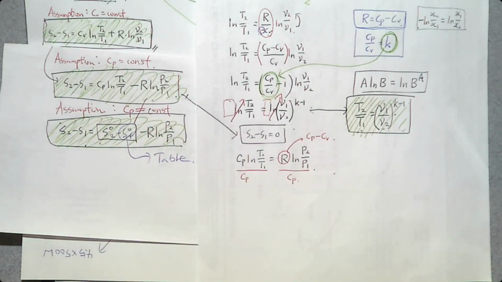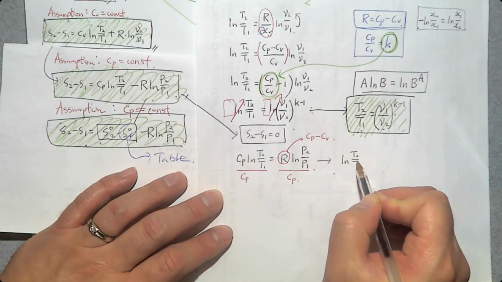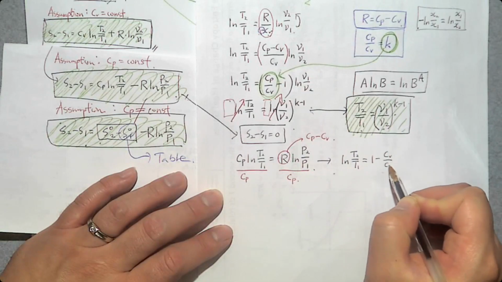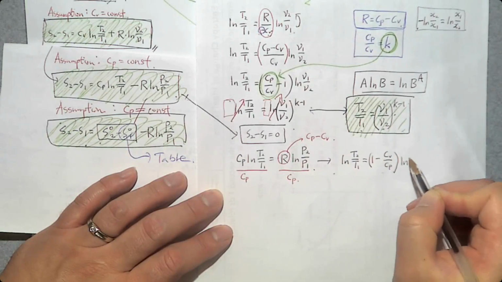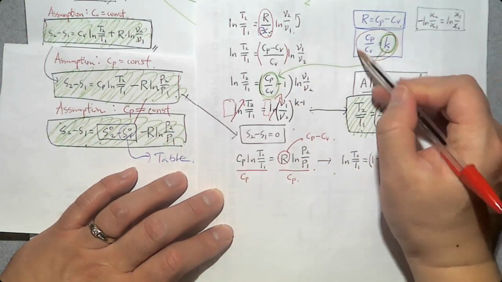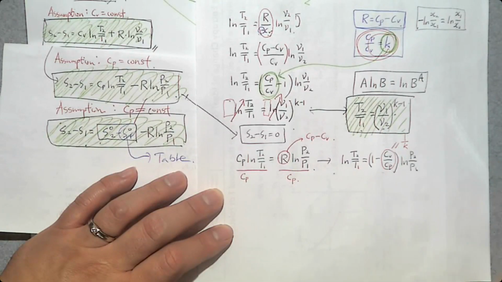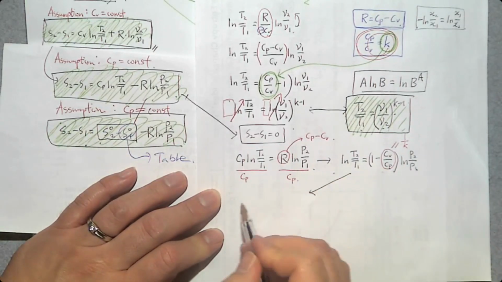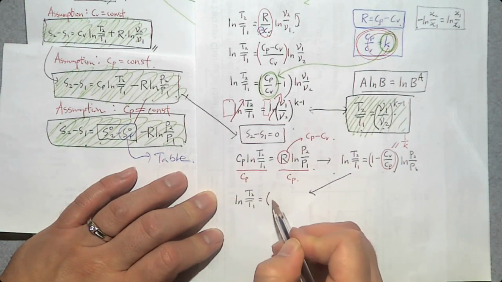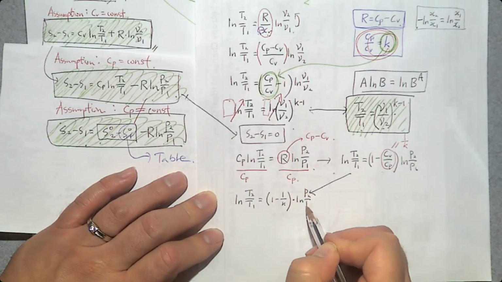Then this equation becomes natural log T2 over T1 is going to be 1 minus Cv over Cp times natural log P2 over P1. Then, according to this one, Cv over Cp is going to be 1 over kappa. So this equation becomes natural log T2 over T1 is going to be 1 minus 1 over kappa times natural log P2 over P1.